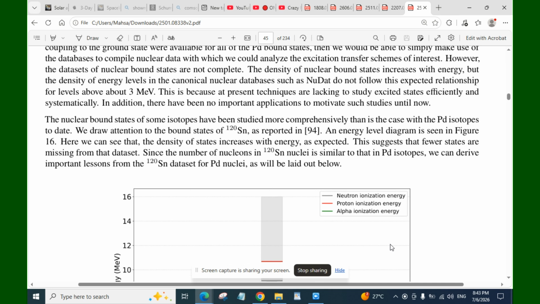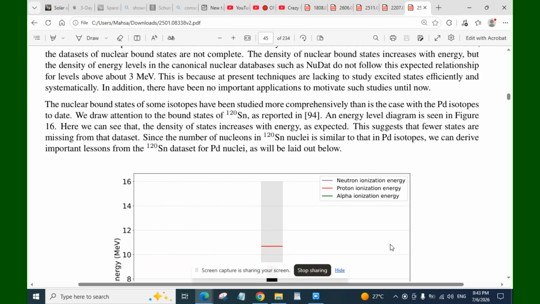Here we can see that the density of the states increases with energy as expected. This suggests that fewer states are missing from the database. Since the number of nucleons in the Sn-120 nucleus is similar to that in palladium isotopes, we can derive important lessons from the Sn-120 datasets for palladium nuclei, as we lay out below.